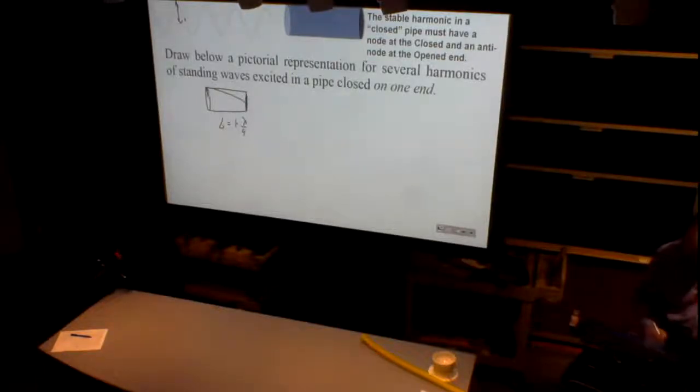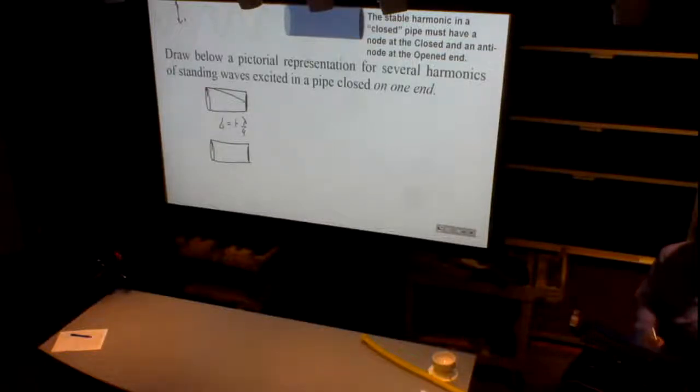Next step, same pipe, same length. I'm asking a question, how else can I generate a wave in such a way? So I would have an antinode on the open end, but a node on the closed one. Well, this location wouldn't work. That would give me 2 antinodes.